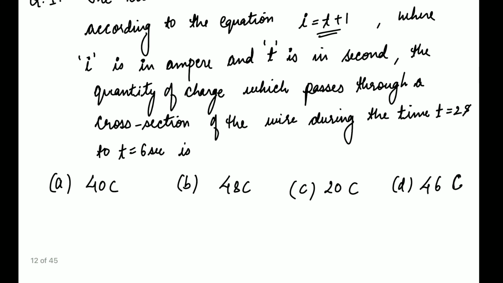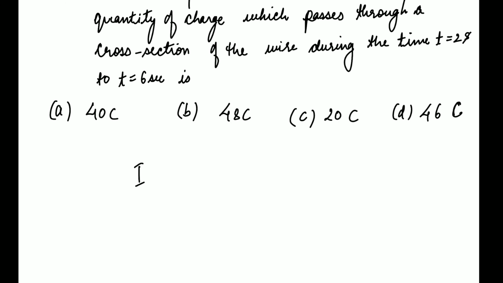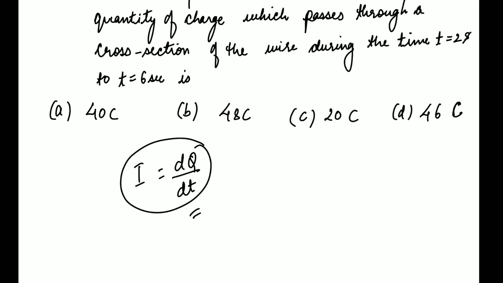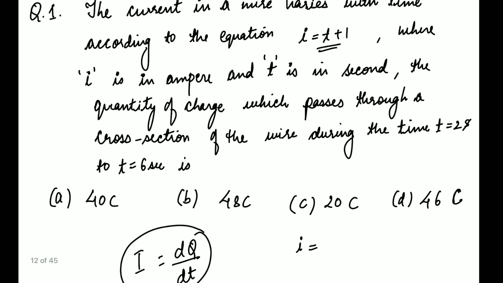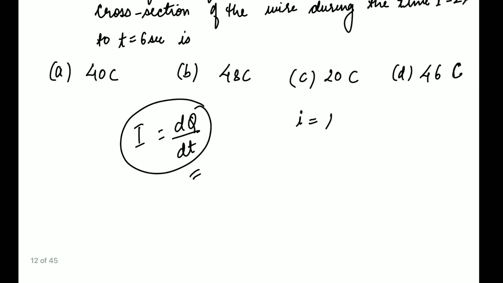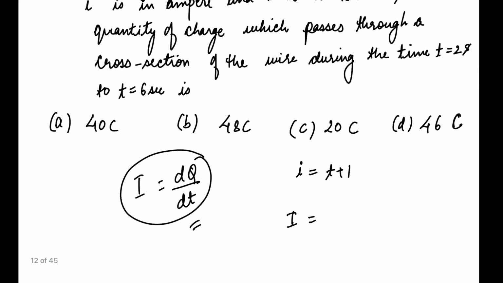So basically a simple question. We all know current is given as the rate of change of charge with respect to time. This is how you define current. The current is given as I equals t plus 1 and you're supposed to find the charge which passes through a cross section.